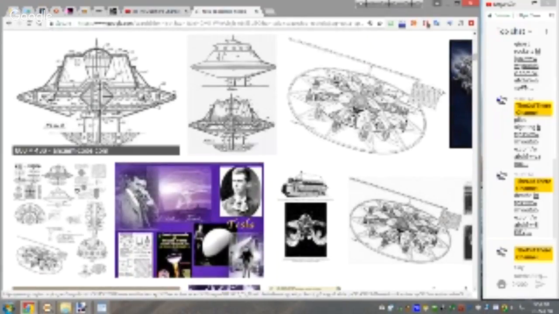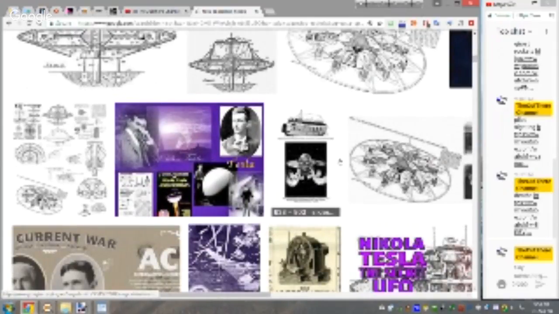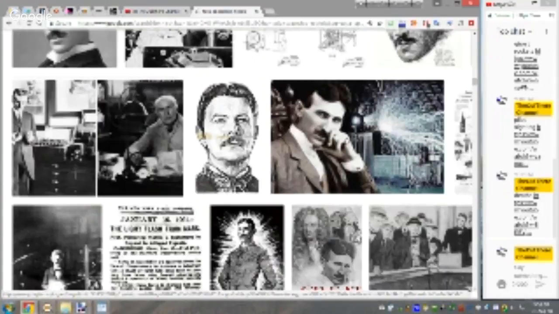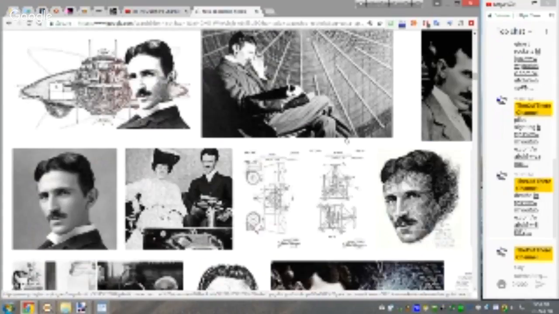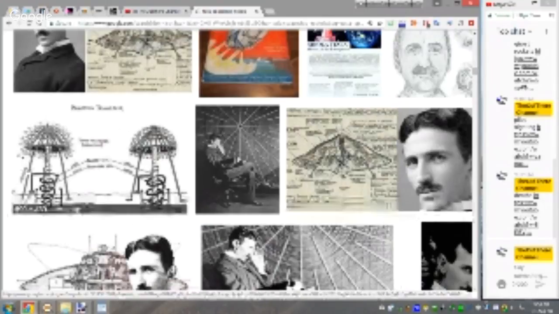But none of them are using energy fields to lift. They're just using brute force. I think one even had a nuclear reactor on it. So yeah, that's what's here on these ones.